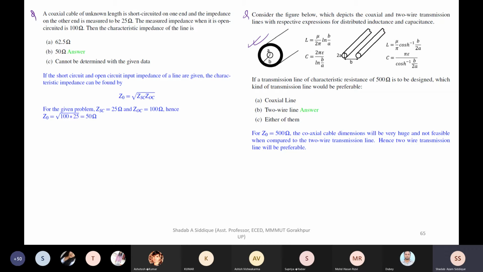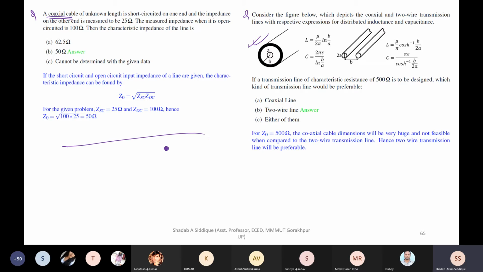The problem given here: a coaxial cable of unknown length is short circuited. Any cable, coaxial cable or any transmission line you want, you can take, but it is given as a coaxial line. No worries. Of unknown length, we don't know, is short circuited at one end.